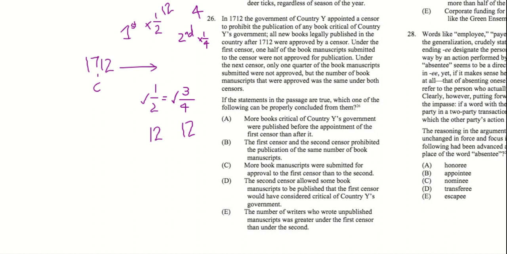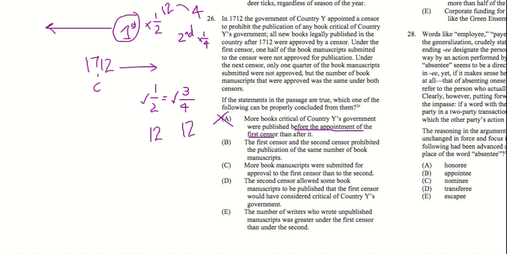Do we know anything about what was published before the appointment of the first censor? Not really, right? This is the first censor. Do we know anything about what's going on before here? Not really, right? No, we don't. So we can cross out A for that reason. B, the first censor and the second censor prohibited the publication of the same number of manuscripts. Well, we know that's not true, right?